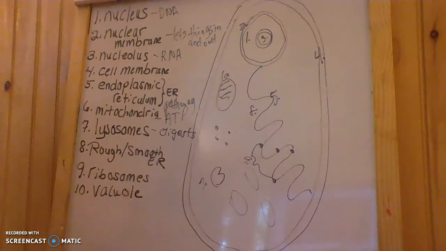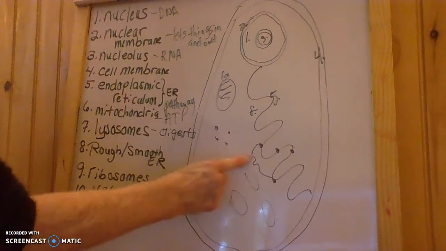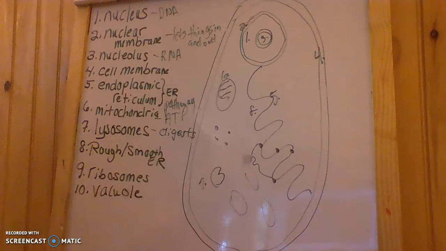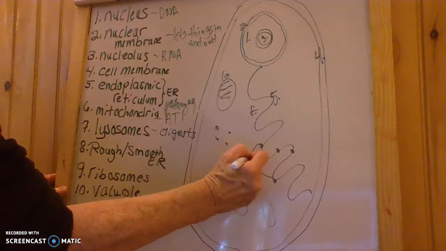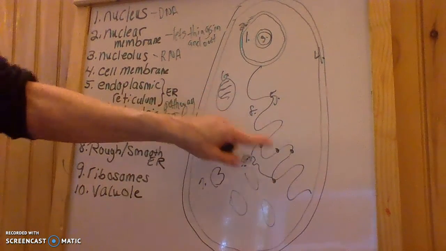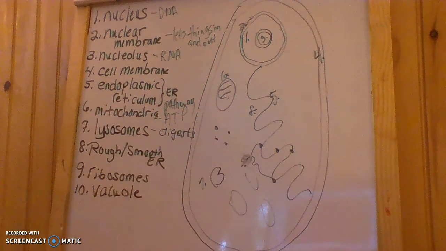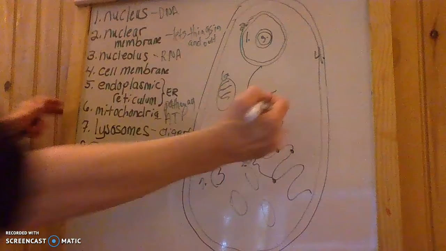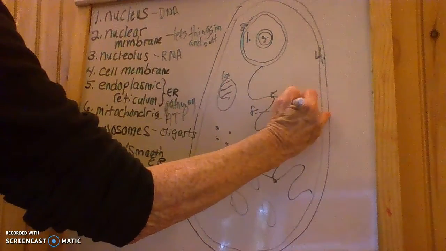And that's important because remember the ribosomes, which we'll get to in just a second, is where I want to put my ribosomes. I did write that down. It's number 9. So number 8 is where our smooth, and our rough is where the ribosomes are. So let me put down 8 is smooth ER.